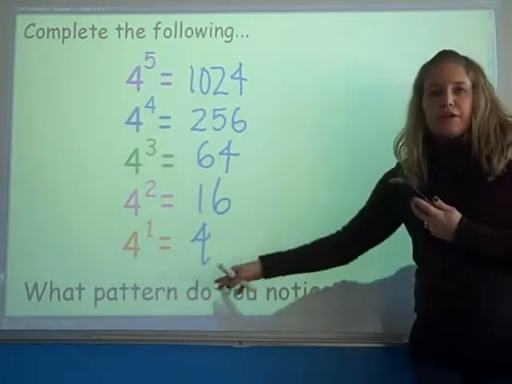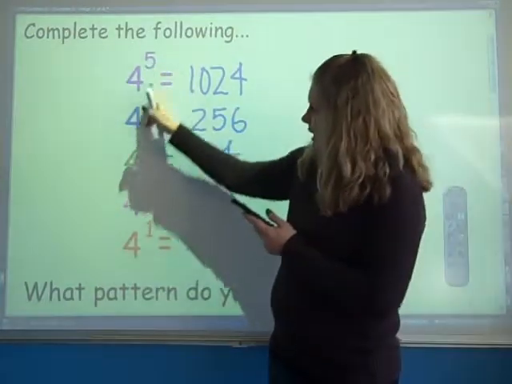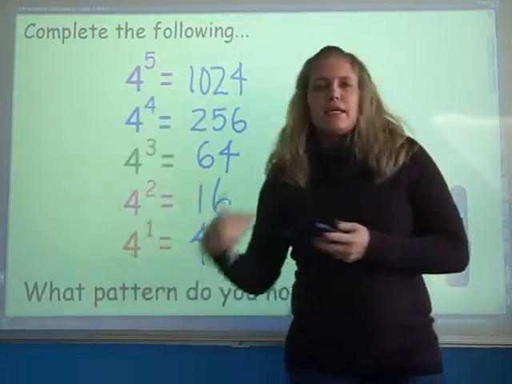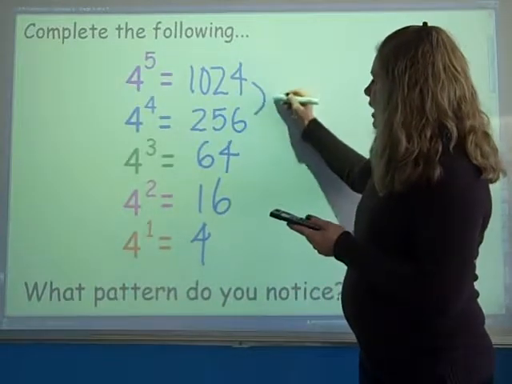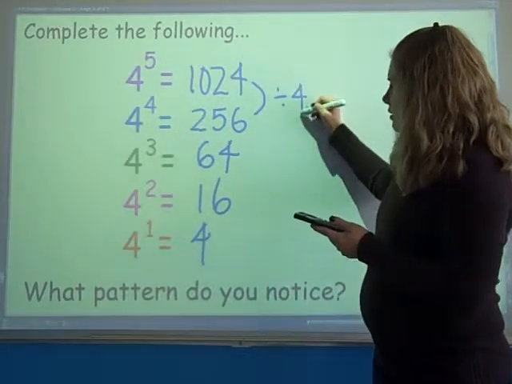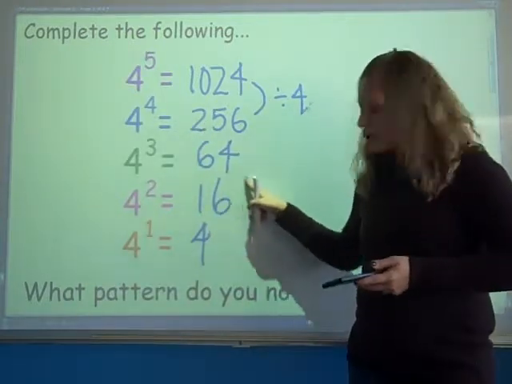The pattern that you should notice would be if I go from 1, as I take away an exponent, that's the same thing as dividing by 4. So if I take 1024 and I divide it by 4, I'll get 256. And if I divide this by 4, I'll get 64, and so on.